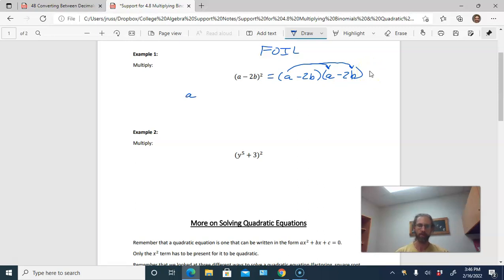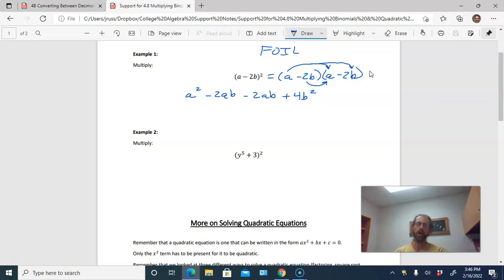If you remember, we add those exponents, so we get a to the second, and then a times negative 2b will just be negative 2ab, and then we'll distribute the negative 2b to this a, and that's going to give us another negative 2ab. Remember, the order doesn't matter because this is understood multiplication right here. And then furthermore, negative 2b times another negative 2b is going to give us a positive 4b to the second.